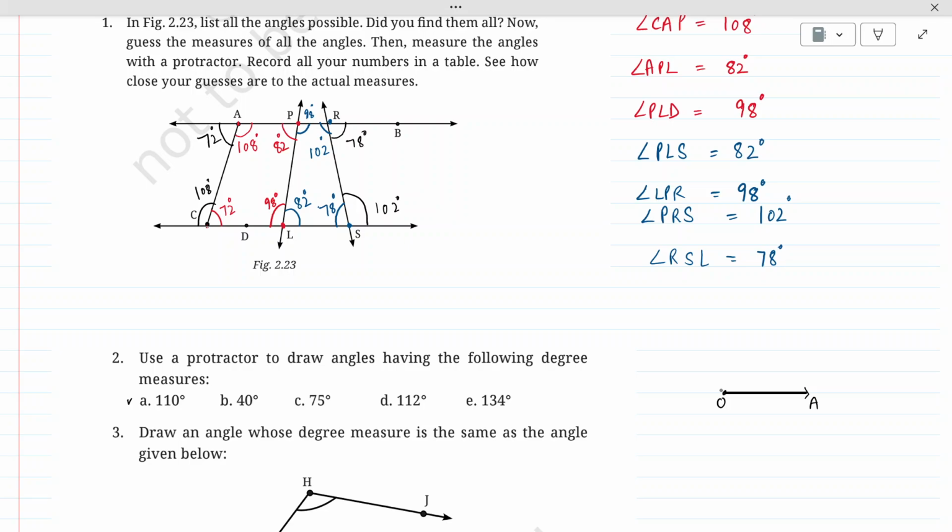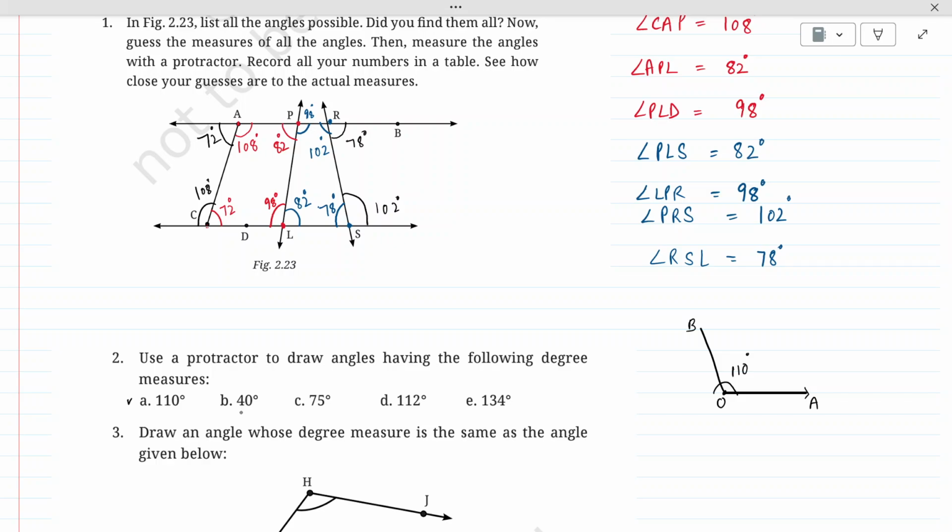Keep the center of the protector at O here and one line overlapping the base of the protector and see where 110 is coming. Since we know it is more than 90, it will be after 90, somewhere like this. Your angle should look something like this, 110 degrees.